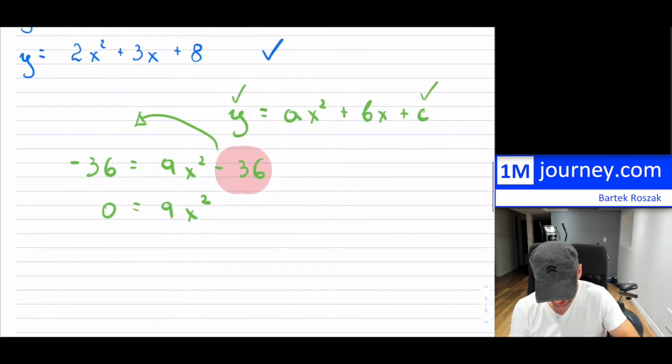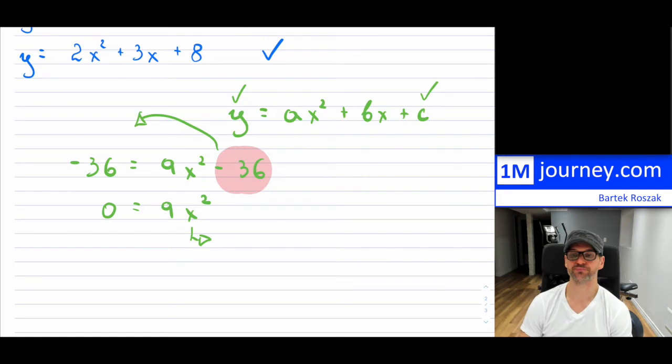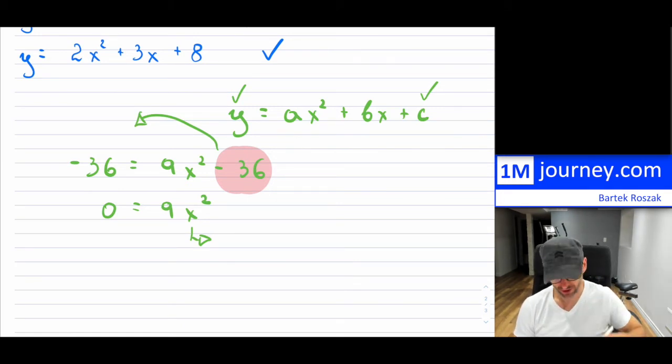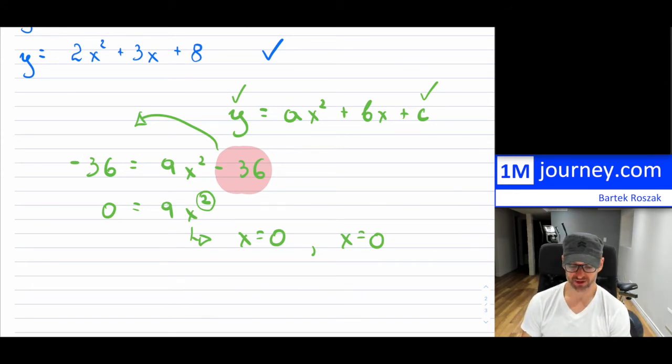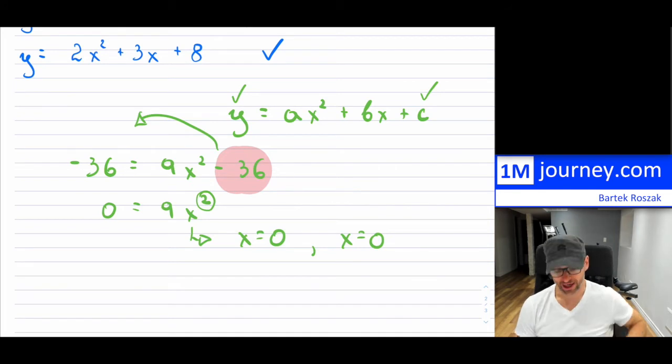And now notice what this means is that I have my x value. What will make this 0 is x equal to 0. And I have two of them because it is second degree. So I have x equal to 0, which is going to make this 0. And because they're identical, it turns out that this is actually the vertex.